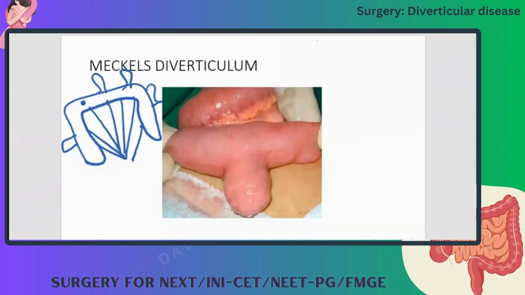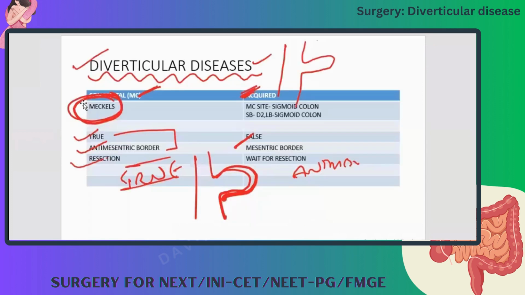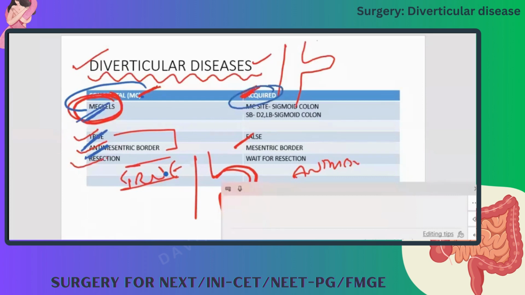Then only we call it a true diverticulum. So this is congenital Meckel's diverticulum, true diverticulum, anti-mesenteric border.